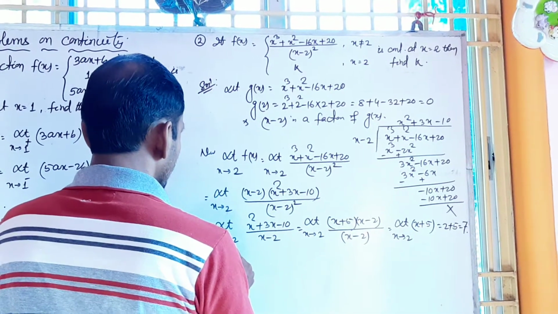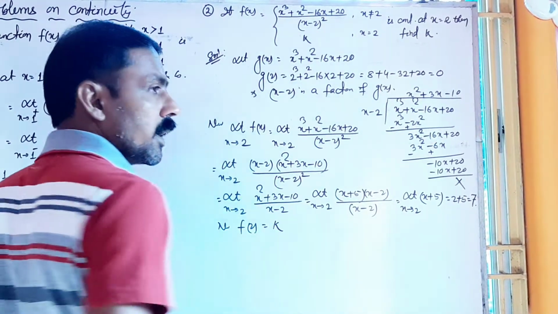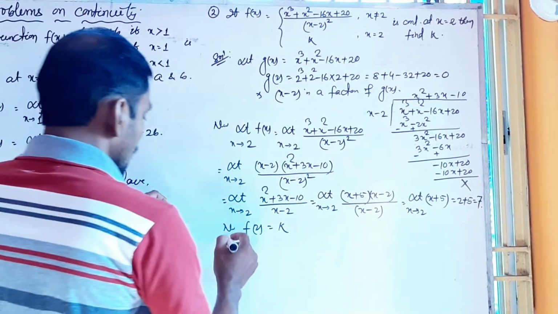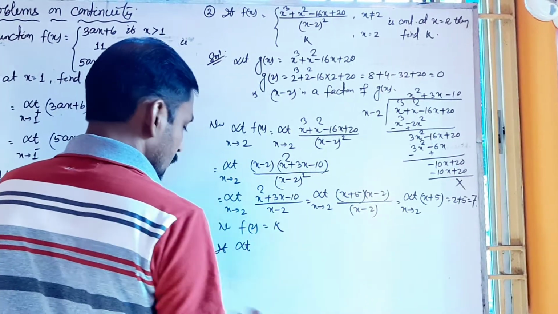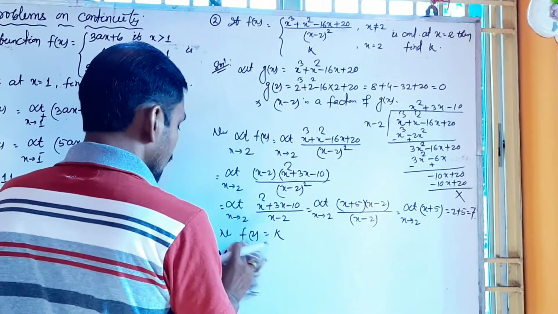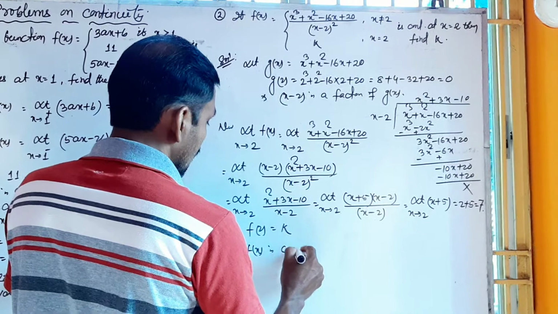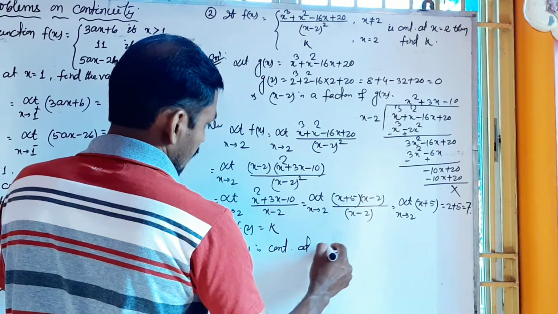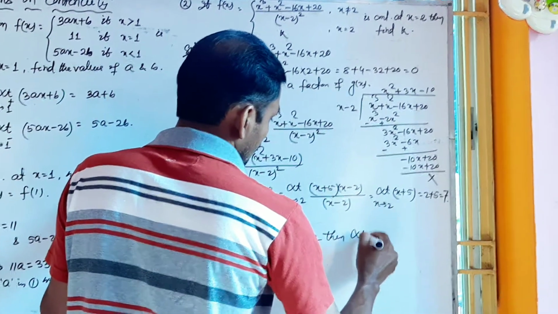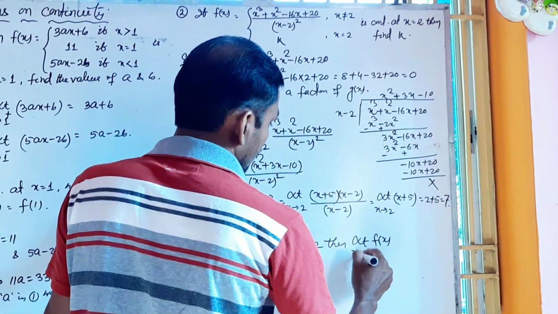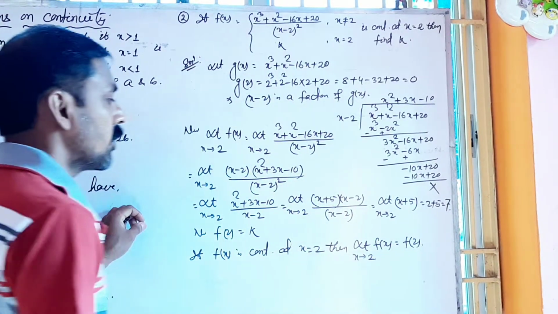Now f of 2 is given as k. Now if f of x is continuous at x equal to 2, then the limit of f of x as x tends to 2 must be the same as f of 2.